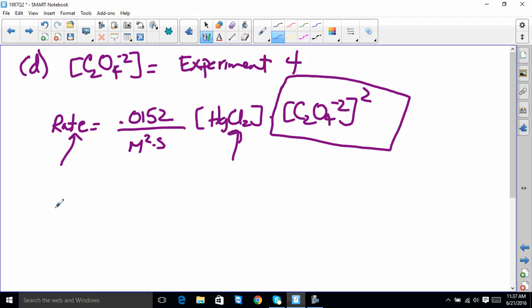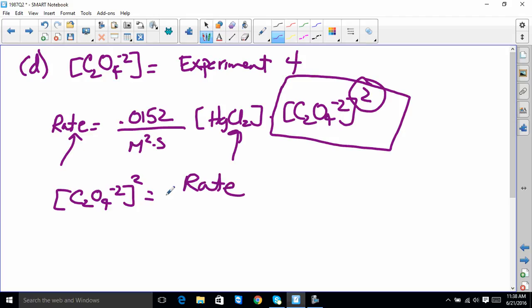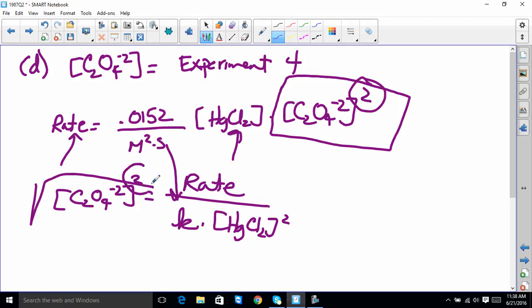So the first thing is, just doing the algebra quickly, C2O4 oxalate ion concentration squared, because it's second order, would be calculated by taking the rate divided by K, which is this, divided by HgCl2 squared. But then what's the only thing in all of math that undoes a square?